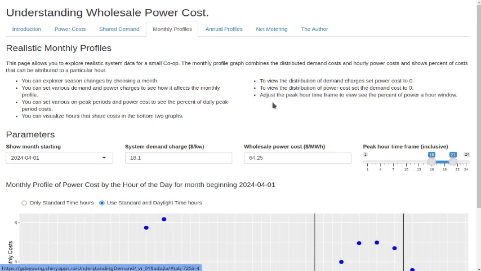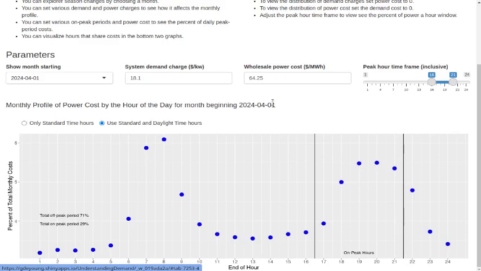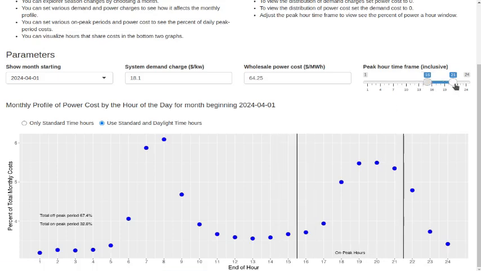The monthly profile tab gives you the monthly profiles that we were looking at before. You can choose a month. You can set your demand rate and your power rate. And if you're considering something like a time of use, you can change that around a bit. And you can say what happens with a particular time of use time frame.